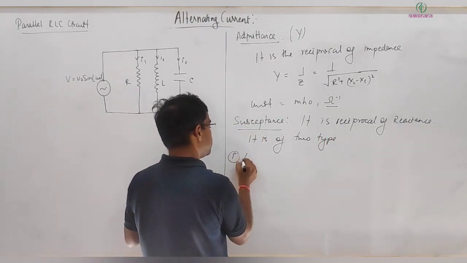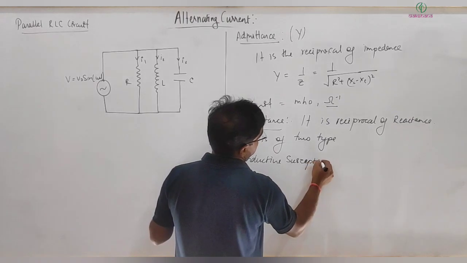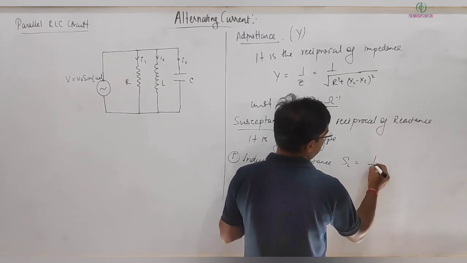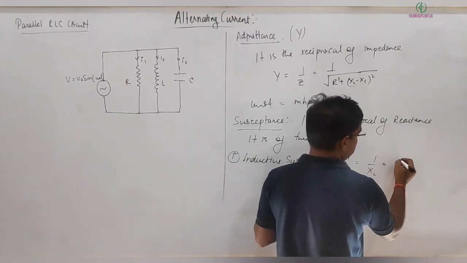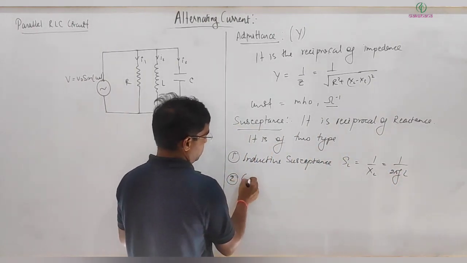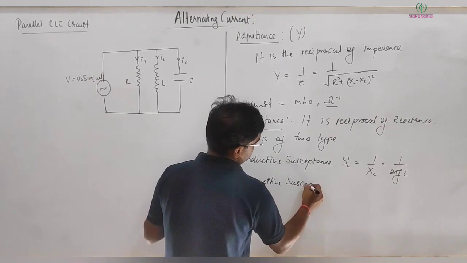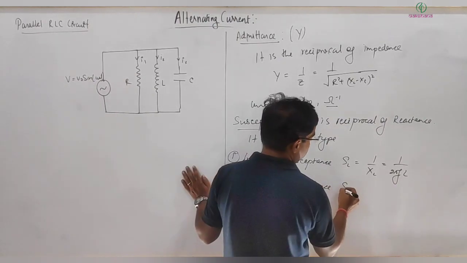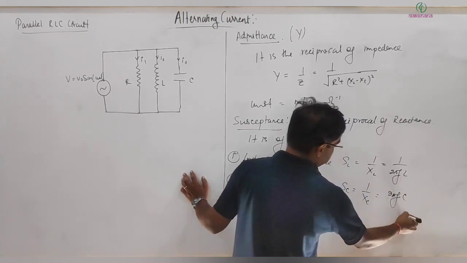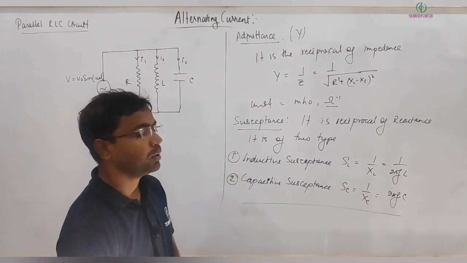So we call it inductive susceptance, that is SL, which is 1 by XL, and it will be equal to 1 by 2 pi f L. And another is capacitive susceptance, that is called SC, 1 by XC, that is 2 pi f C. Here the unit will be the inverse of XL, that is also mho or ohm inverse.